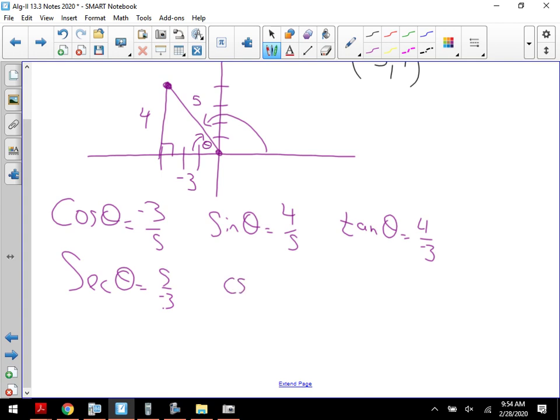Cosecant. And cotangent. Why didn't I put sine first? Which comes first in the alphabet, X or Y? So it makes sense.